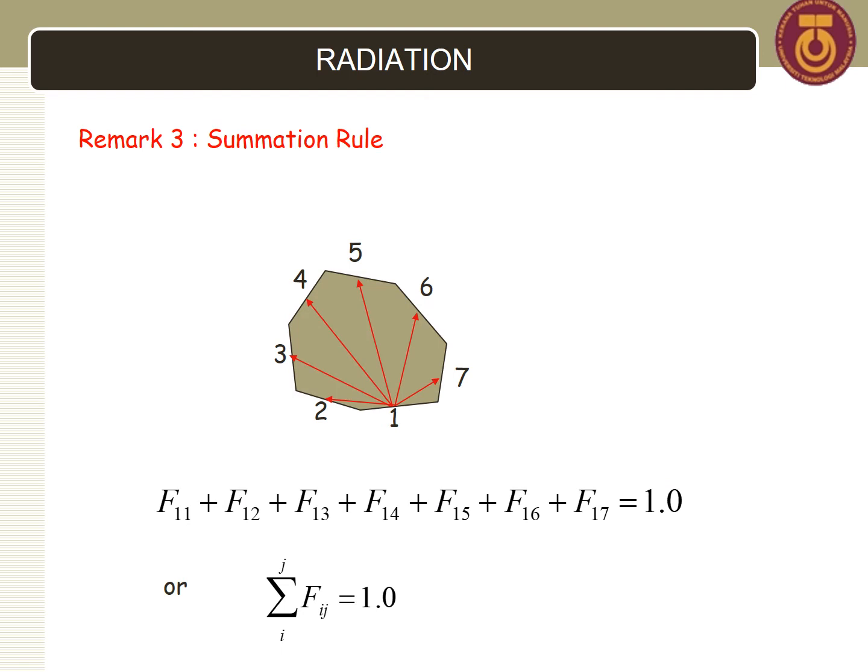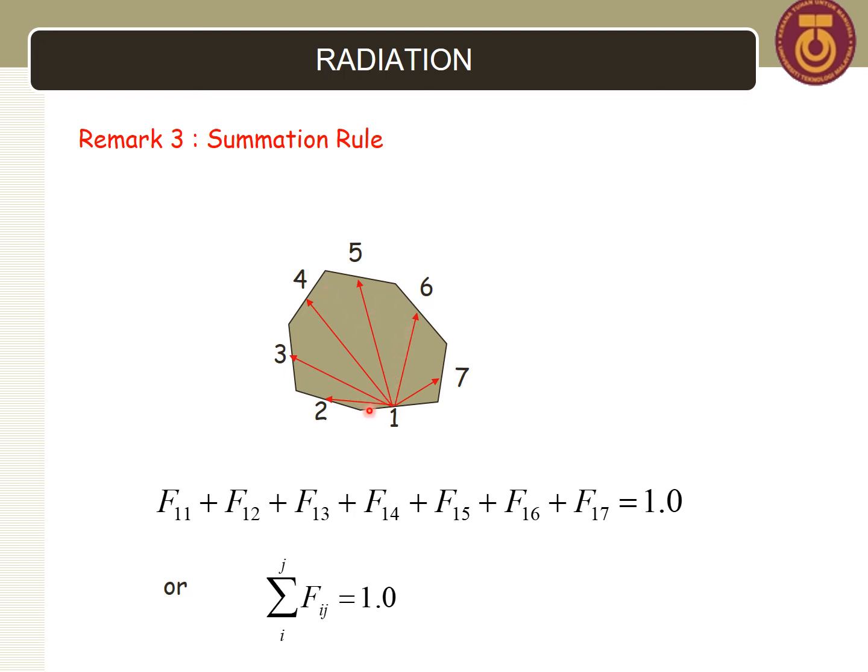Remark number 3 is called the summation rule. According to the summation rule, any surface in an enclosure will have a view factor with respect to all other surfaces in the same enclosure.